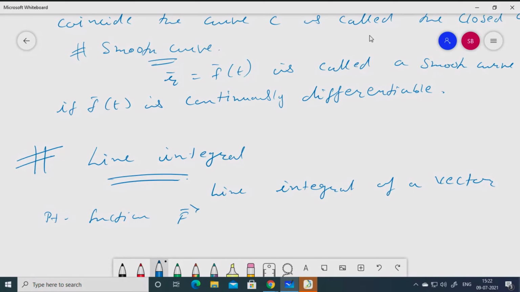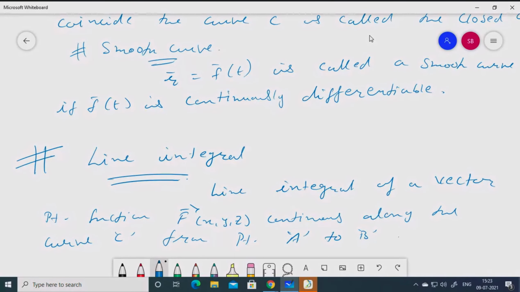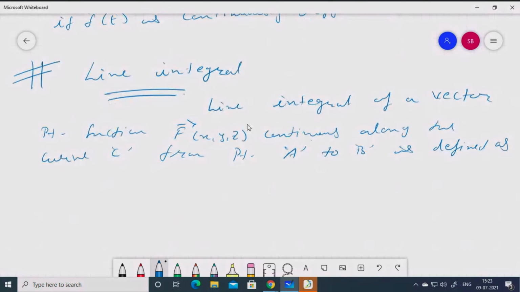I am denoting the vector point function with f bar, which is a function of x, y, z, and obviously it is continuous along the curve C from point A to B. The line integral of f bar over the curve C from point A to point B is defined as integral over C of f bar dot dr bar.